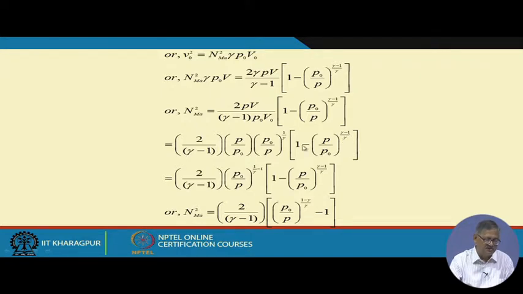So, since it is there, we can rearrange it as 2 by gamma minus 1 times P0 by P. This is P by P0.